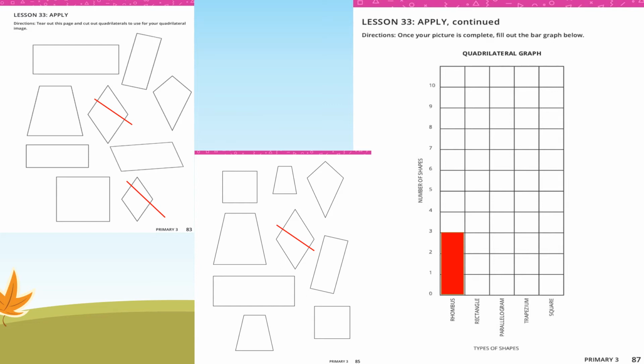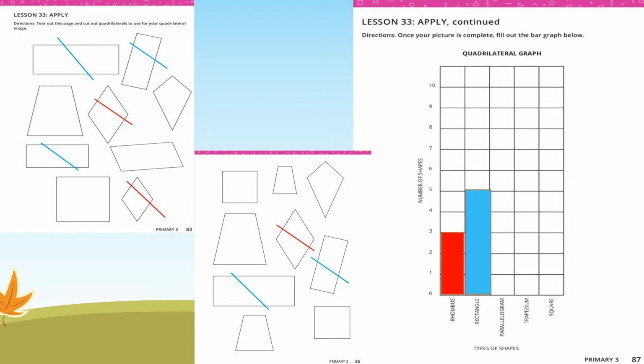How many rhombuses here? 1, 2, 3. So we will color the column of rhombus till 3. The next shape is rectangle. How many rectangles here? 1, 2, 3, 4, 5. And let's color the column of rectangle till 5.